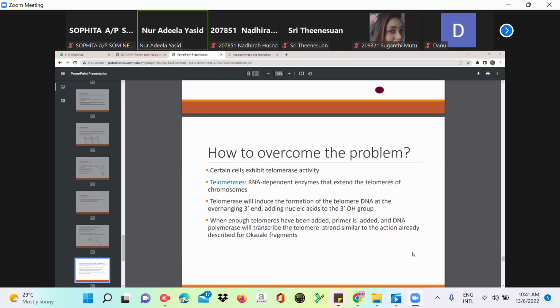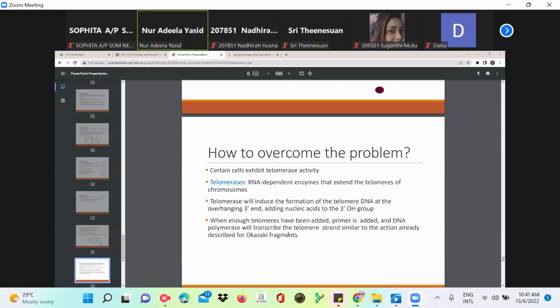What does this enzyme do? It induces the formation of telomere DNA at the overhanging 3' end, adding nucleotides to the 3' hydroxyl group. When enough telomere repeats have been added, a primer is added and DNA polymerase will synthesize the complementary strand, similar to the action already described for Okazaki fragments.